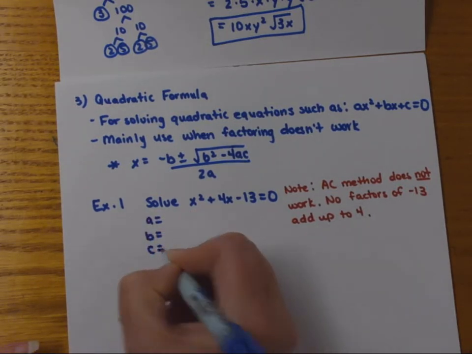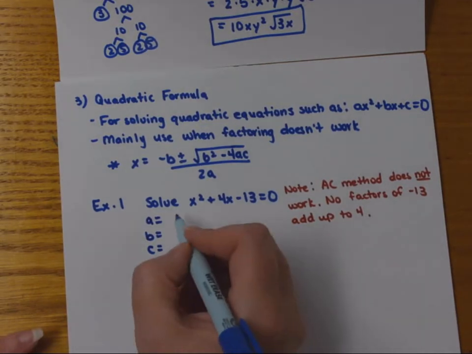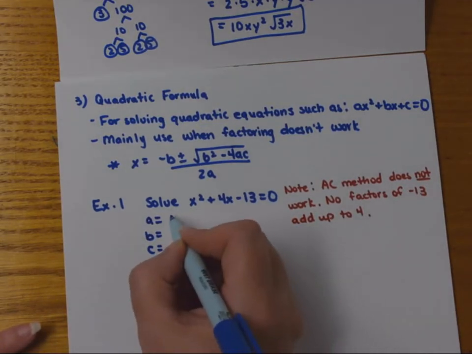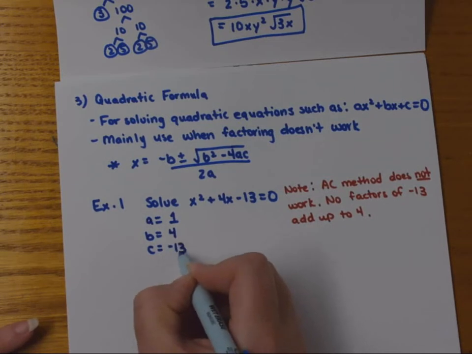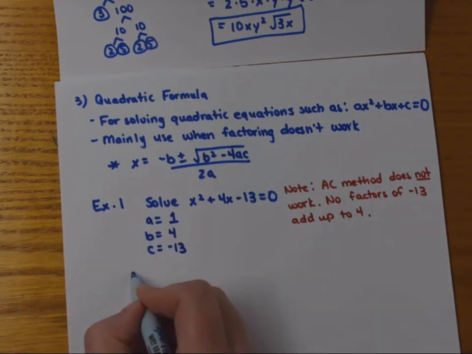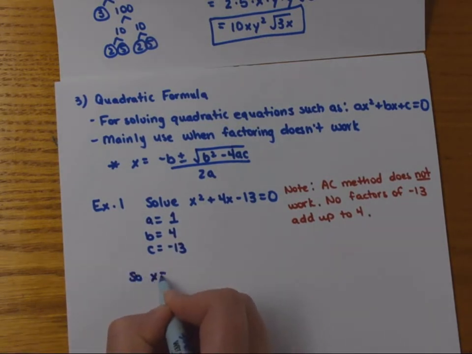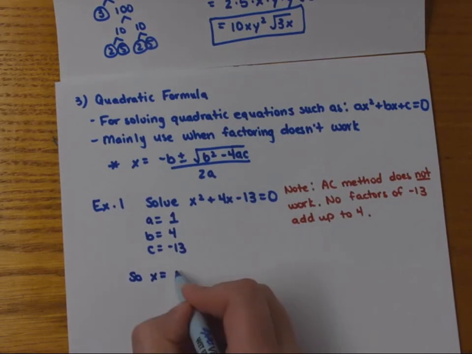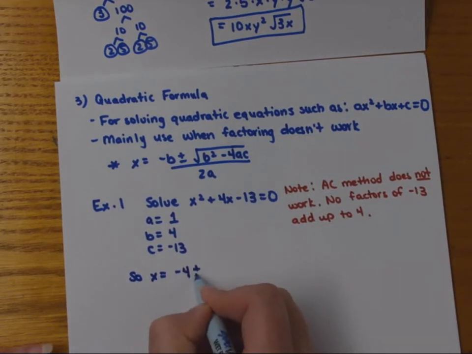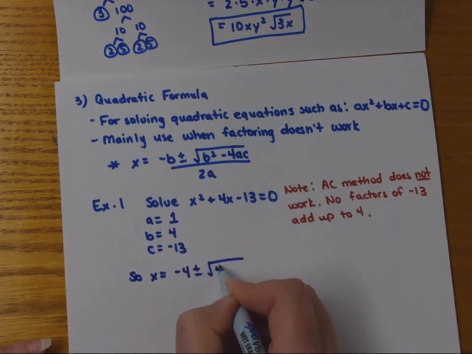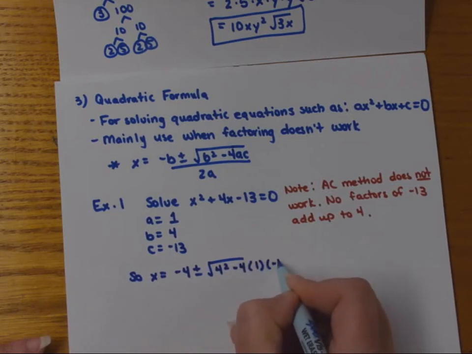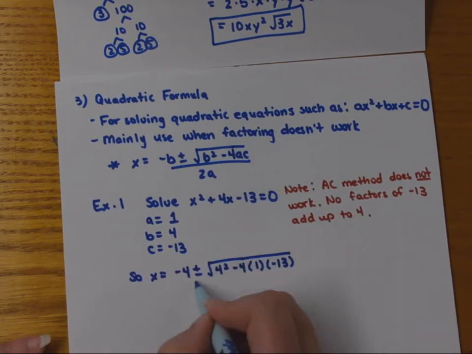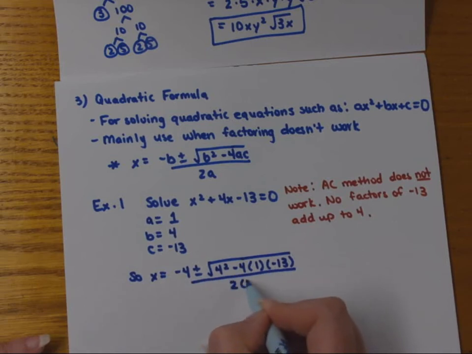So I like to lay out what A, B, and C are ahead of time so that I plug the right numbers in. Notice there's no number given here, right? So it's an understood 1. Okay, B is 4, C is negative 13. So my x is going to be negative b plus or minus the square root of b squared minus 4ac, and then all over 2a.